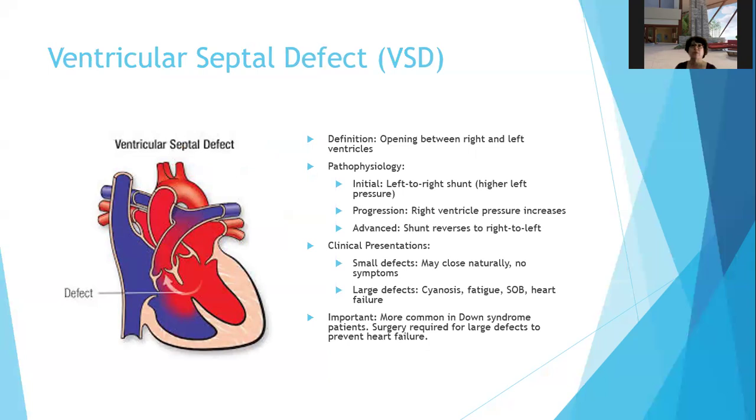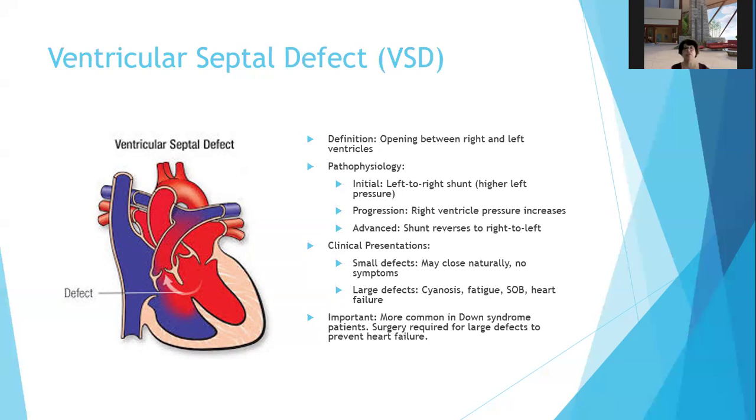A ventricular septal defect is an opening between the right and left ventricles. If you have a left to right shunt, because the left ventricle has higher pressure than the right, right ventricle pressure increases as it progresses, and then the shunt reverses right to left. For the clinical presentation, if you have a small defect, it might close naturally with no symptoms.